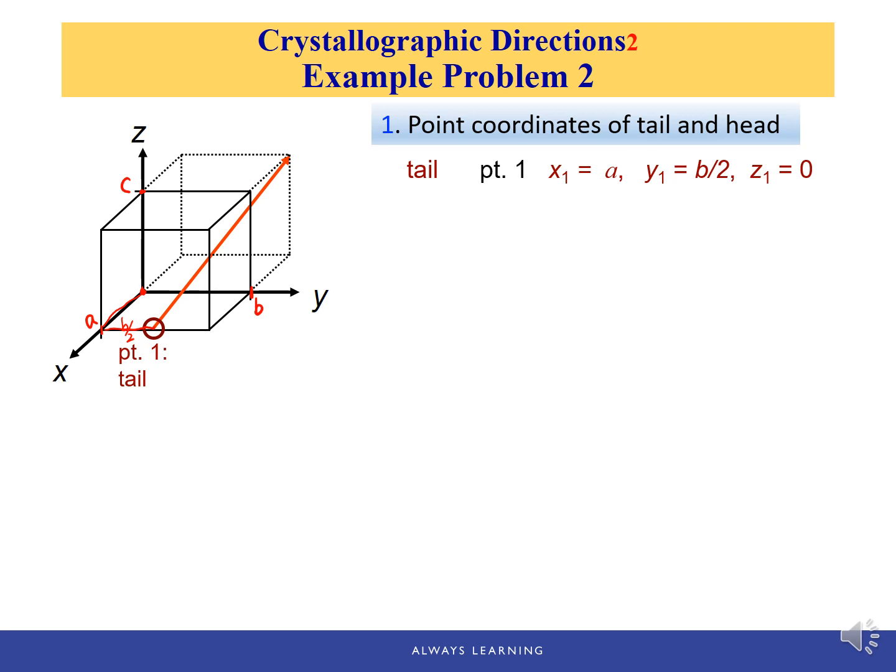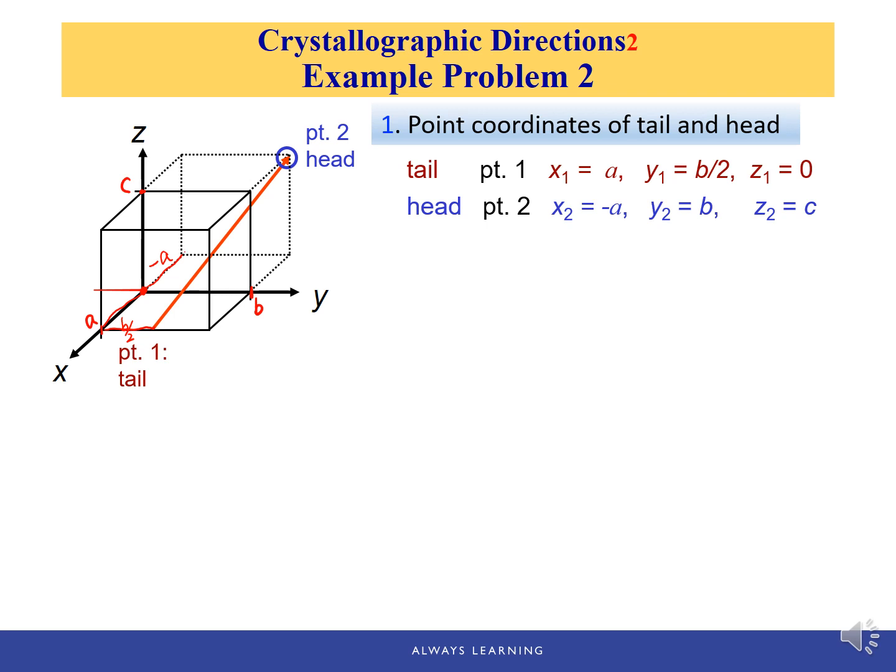Next, we use a similar method to find the coordinates of the head, which is point 2 here. We do the imaginary path starting from the origin. First we walk along the negative X direction by a distance of A because of the unit cell drawn here.